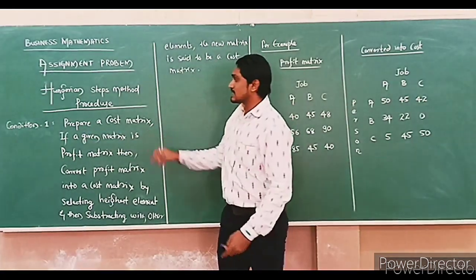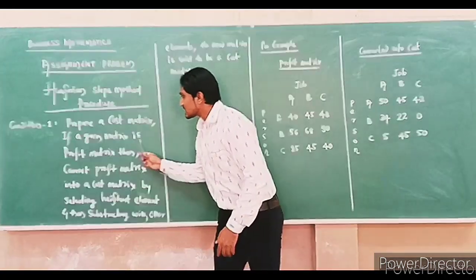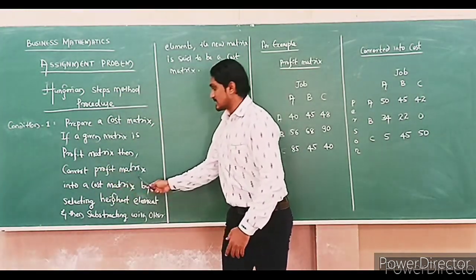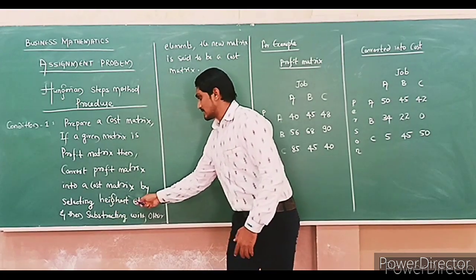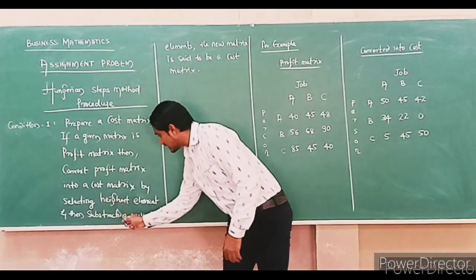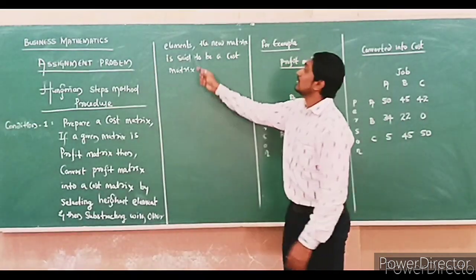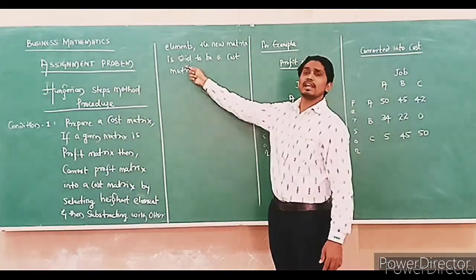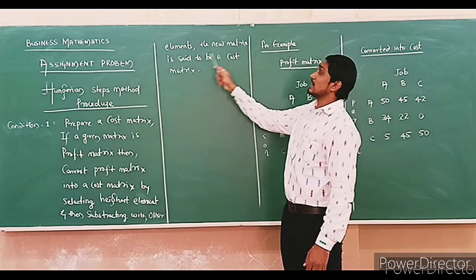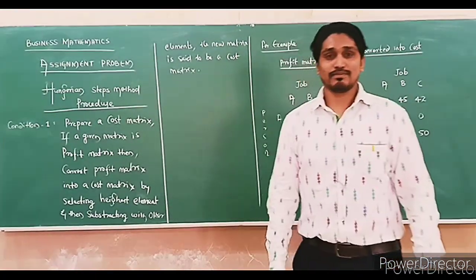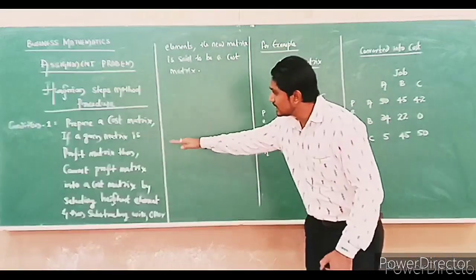Prepare a cost matrix. If the given matrix is a profit matrix, then convert the profit matrix into a cost matrix by selecting the highest element and subtracting the other elements, the entire elements, from it. The new matrix is said to be a cost matrix. Try to understand what it indicates.